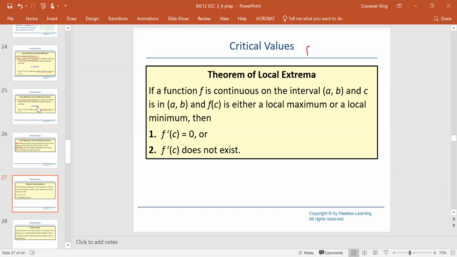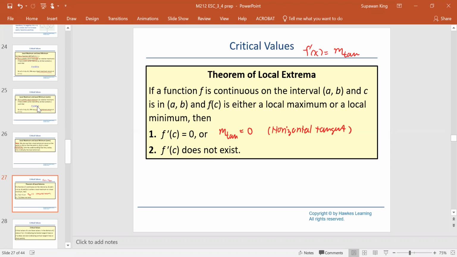Recall that f prime of x equals the slope of the tangent line. For the case that f prime at c equals 0, that means the slope of the tangent line at the point c is 0, or a horizontal tangent.